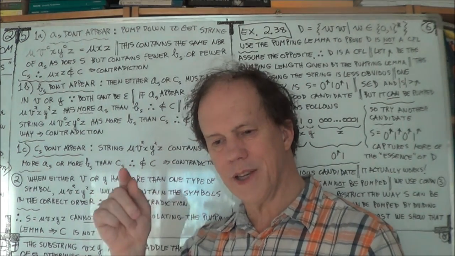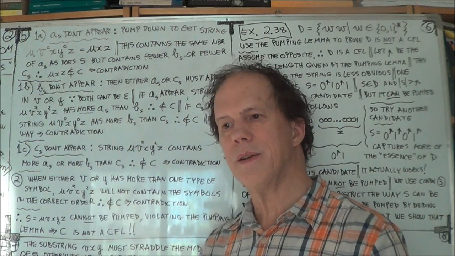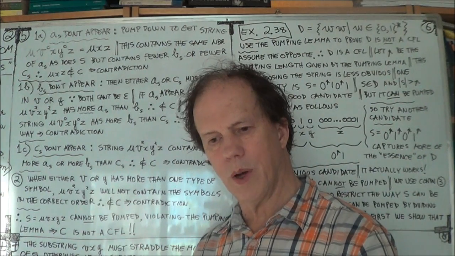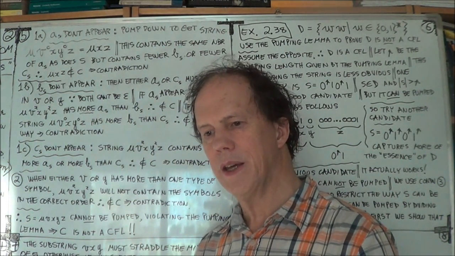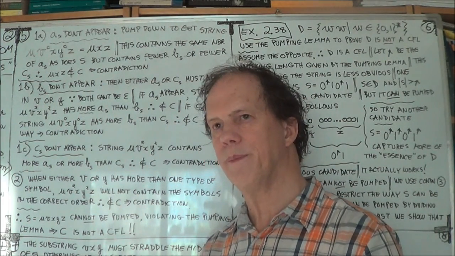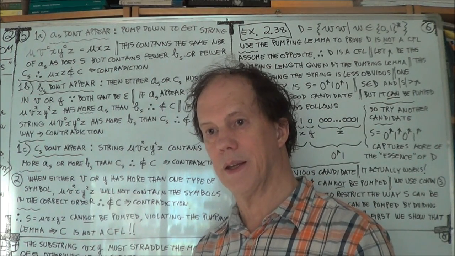So we'll have case 1A, case 1B, case 1C. And case 1A, now remember, you only have one type of letter in case 1, and case 1A is when in V the letter A is missing.